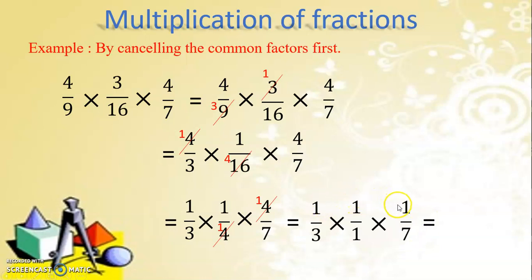This time you can directly see how easy it is. 1 times 1 times 1 is, of course, equal to 1. Then 3 times 1 is 3. Then 3 times 7 is 21. So the answer is 1 over 21.